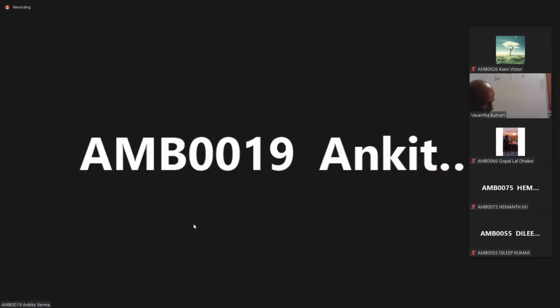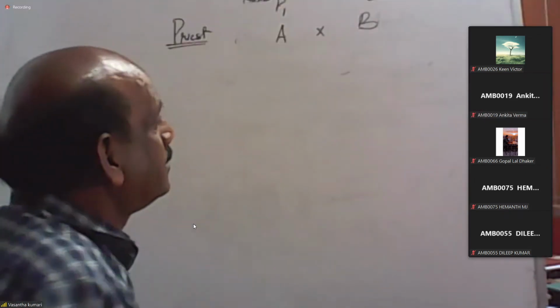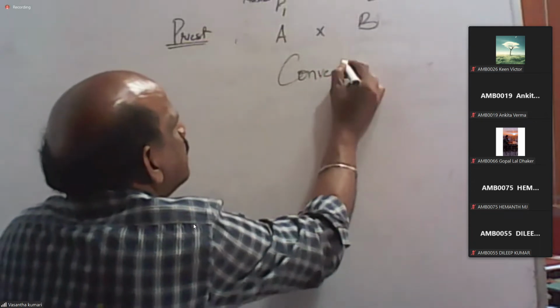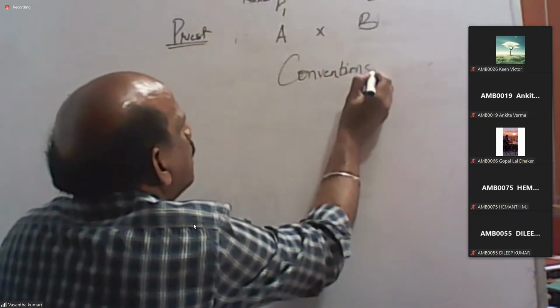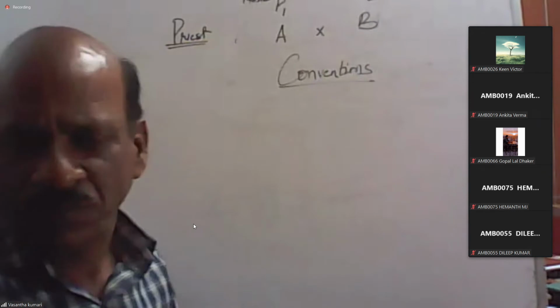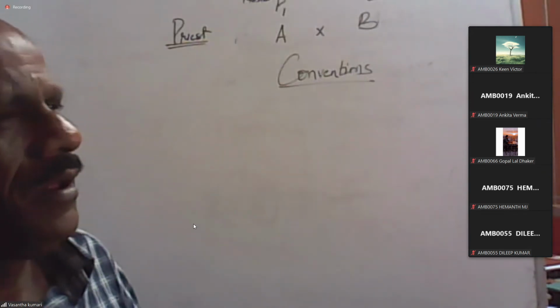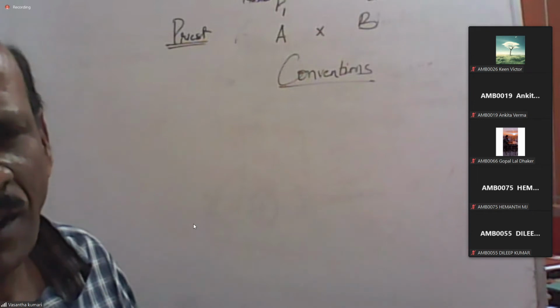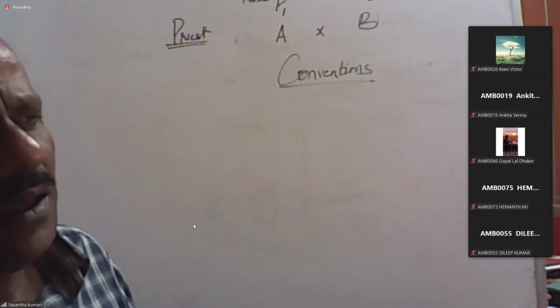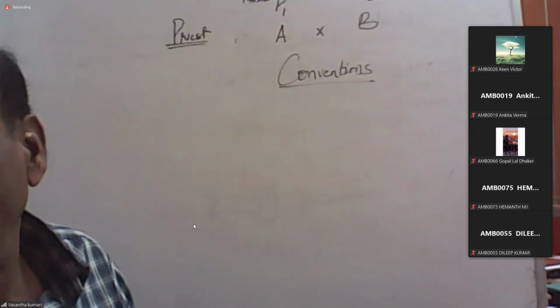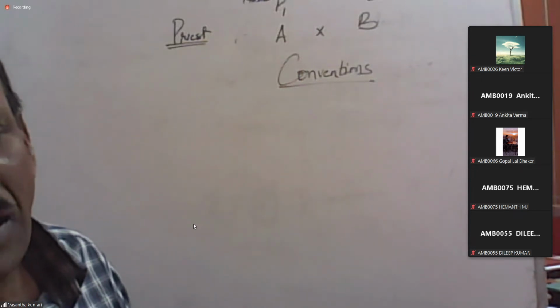Postulates? Yes, sir, postulates. They're basically called conventions. There are certain conventions. For example, in India, when you're driving a vehicle, you have to drive on your left side, isn't it?